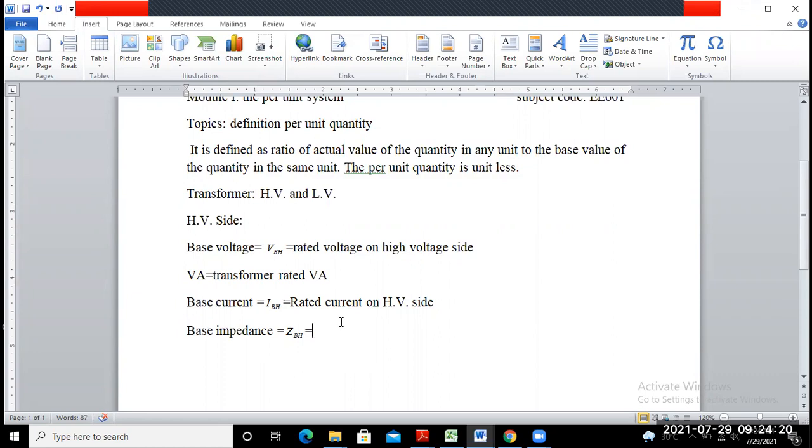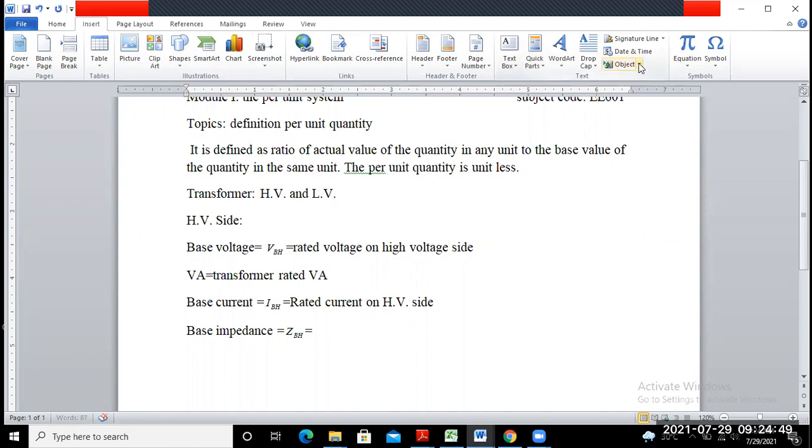Hello. Yes, sir. Impedance is equal to voltage divided by current. So to find the base impedance on the high voltage side, it is the base voltage divided by the base current. As you know, impedance equals voltage by current, so it is nothing but VBH divided by IBH.